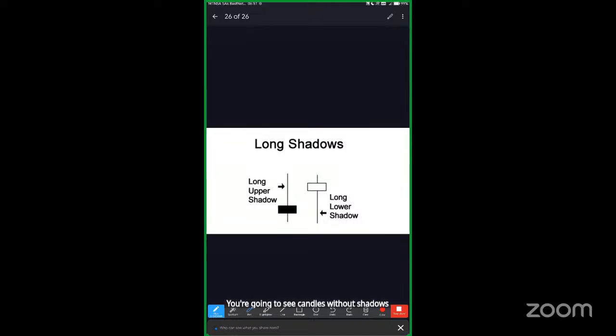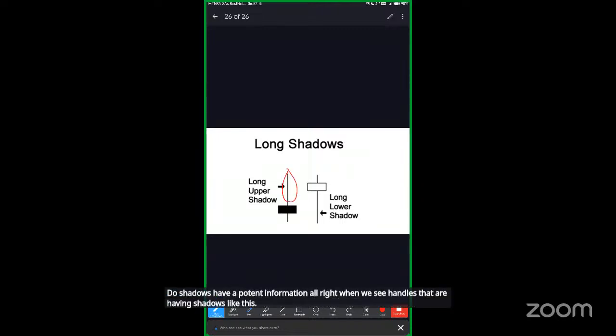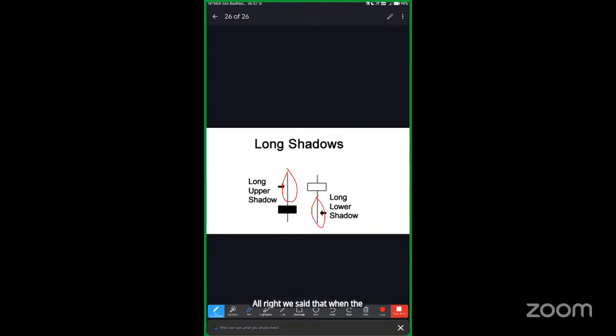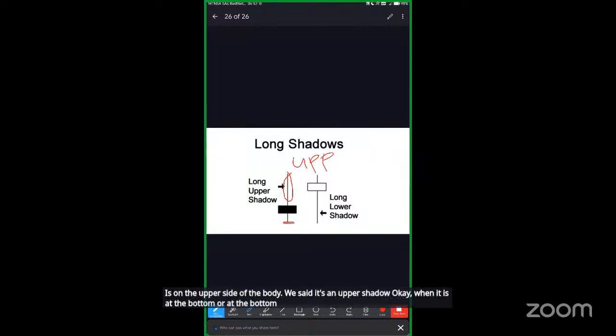Now, let's come to shadows. Do shadows have important information? When we see candles that are having shadows like this, we said that when the shadow is on the upper side of the body, it's an upper shadow. When it is at the bottom or below the body, it is called the lower shadow, right?